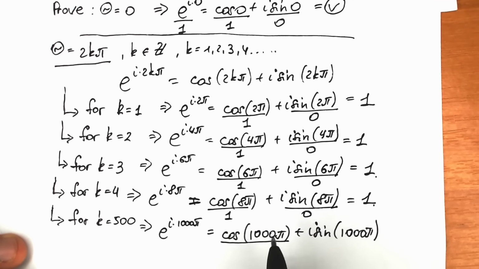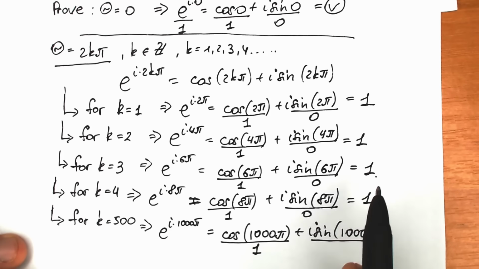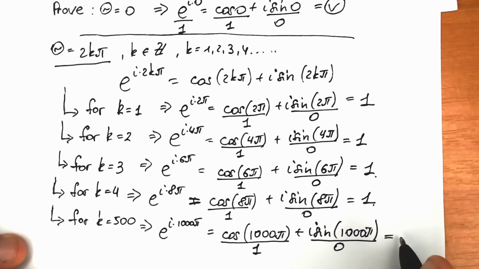So as a result, in this case, we have 1, and 2000π, 3000π, 1 million π, we have all the time 1. And sine, this is like the same period, we have all the time 0. And 1 plus 0 equals 1.